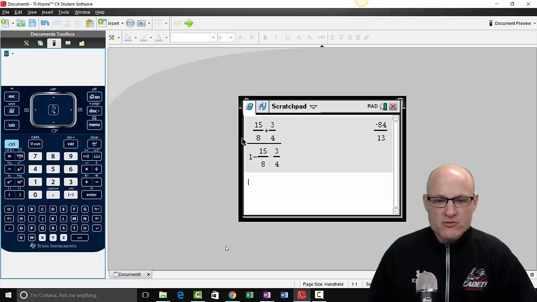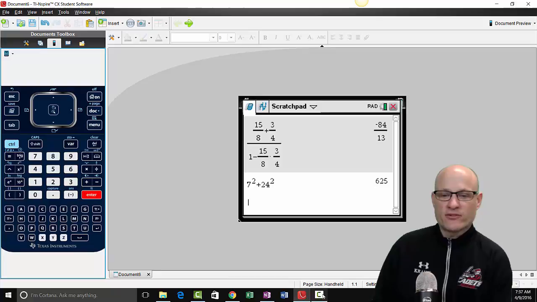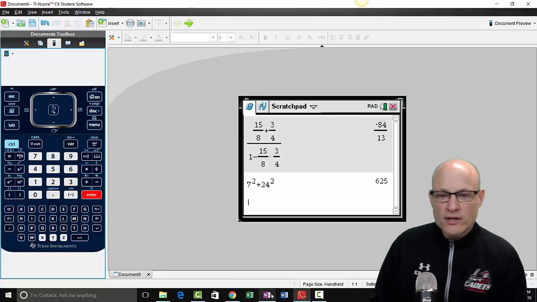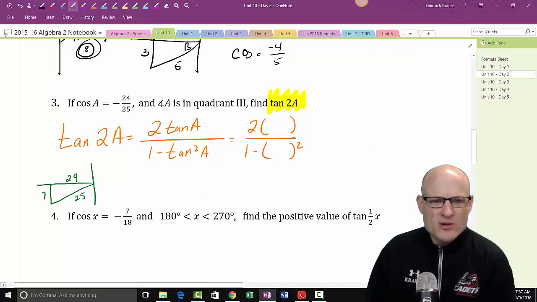Let me verify: 7 squared plus 24 squared should be 625. Yes, it is. So therefore tangent is 7 over 24, and it's positive because we're in the third quadrant. You got to be thinking about positives and negatives still.